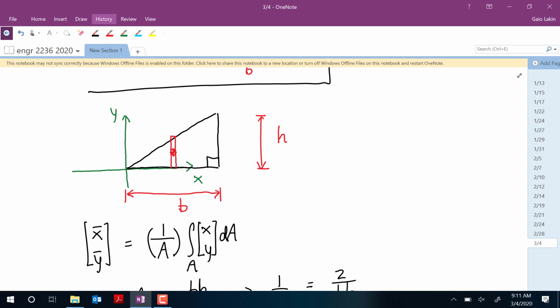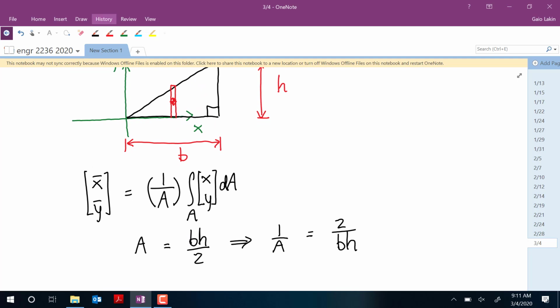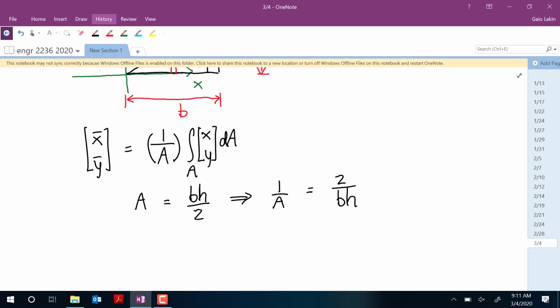Okay, so we have to represent this infinitesimal area in terms of x, and we have to represent the coordinates of the centroid in terms of x. Well, the x location of this thing is just going to be x, right?